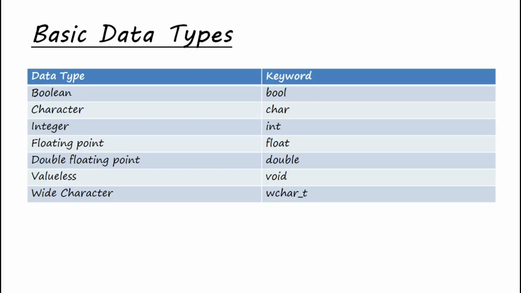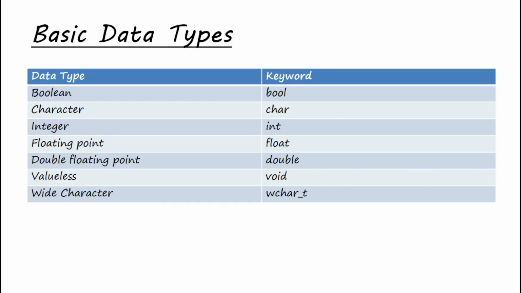So there are 7 basic data types in C++, and they are booleans, characters, integers, floating points, double floating point, valueless, and wide character. Booleans store your true or false, so they are used in the results of logical calculations.